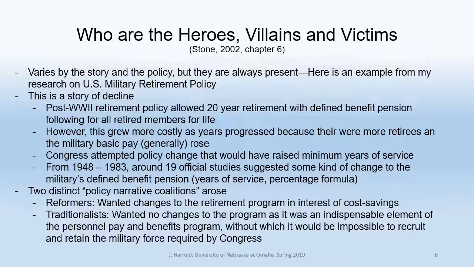The professional military up through World War II was quite small, but post World War II it grew tremendously in size from what it had been in other post-war eras. So what happened was this grew more costly as years progressed, because obviously there were just more retirees, and the basic military pay generally rose post World War II.